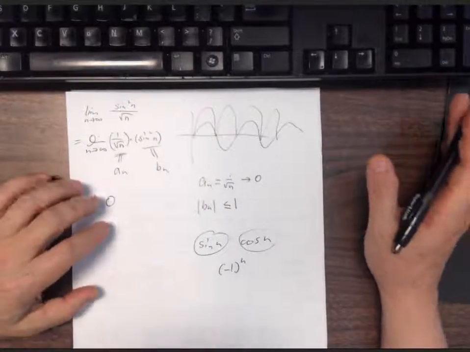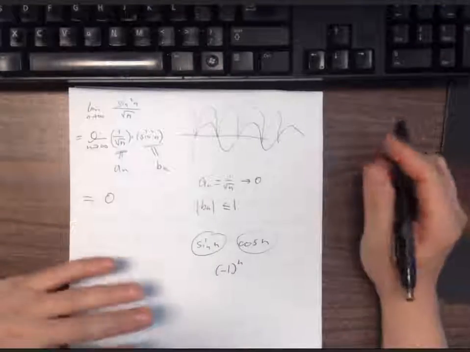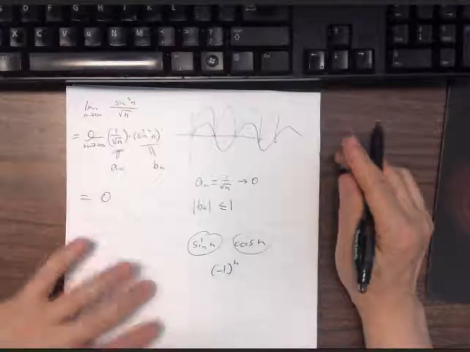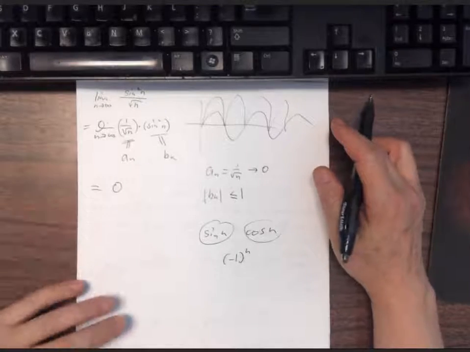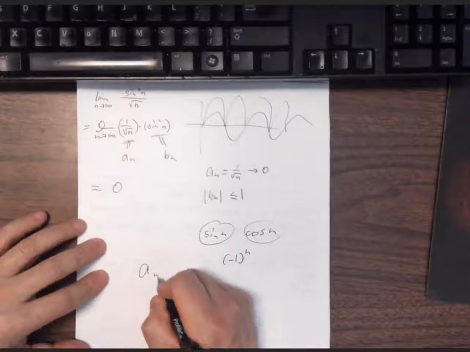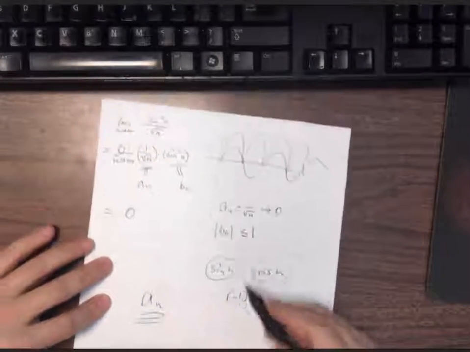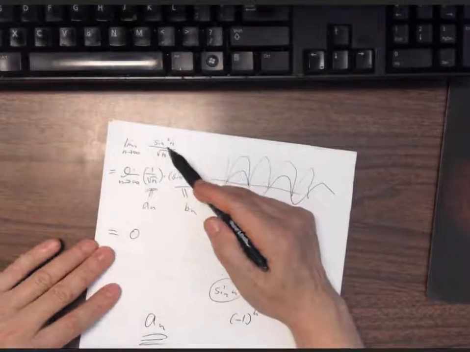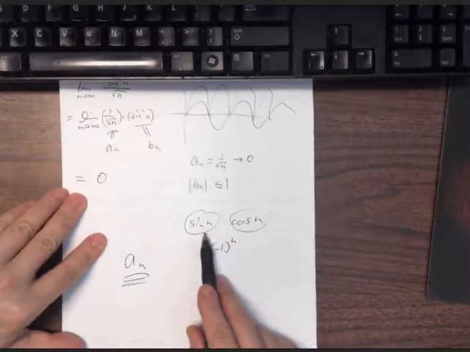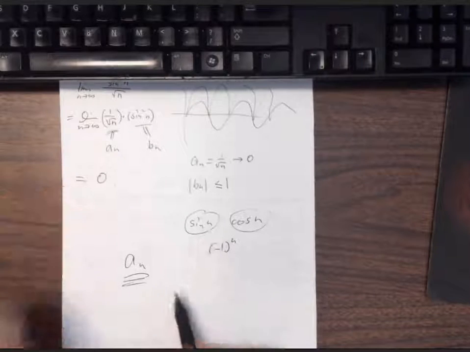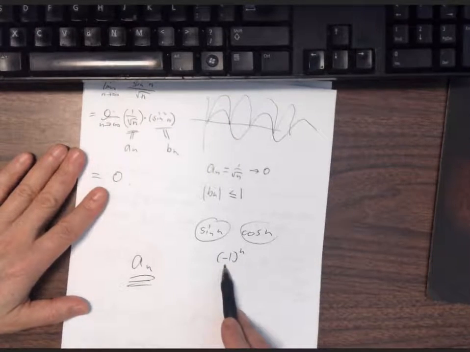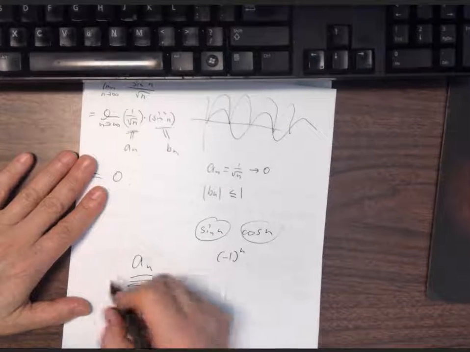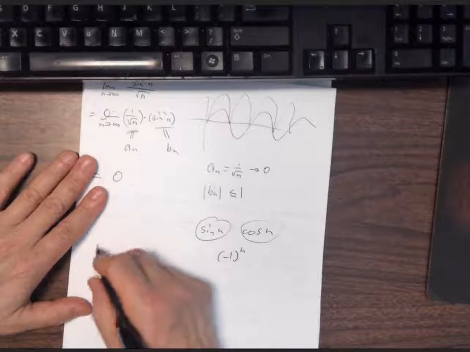There are many other bounded expressions, just not very obvious how to prove it. So if we have to use the sandwich theorem, it must have sine involved, maybe cosine involved, maybe a power of negative 1 involved. So that's kind of clear.